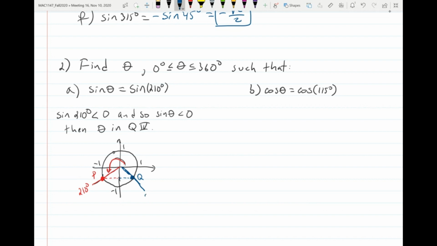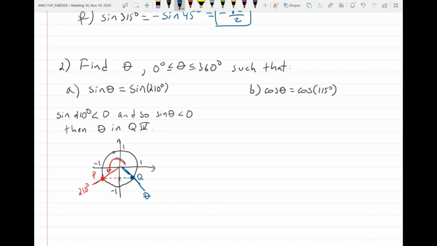This is theta. So from the picture, how do we know that theta is in quadrant 4? Because you have to figure out on this unit circle what other point has the same sine. What we're really asking is, given P, what other point on the circle has the same y as P? There's only one answer, right? That's the Q that we just drew. So that's how you can see graphically that the answer must be in quadrant 4.